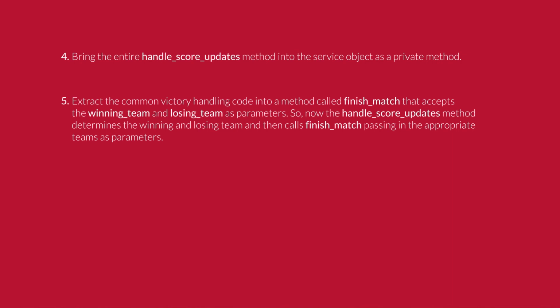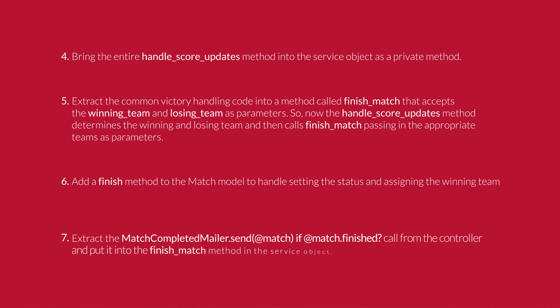So now the handle score updates method determines the winning and losing team and then calls finish match, passing in the appropriate teams as parameters. 6. Add a finish method to the match model to handle setting the status and assigning the winning team. 7. Extract the match completed mailer call from the controller and put it into the finish match method in the service object.